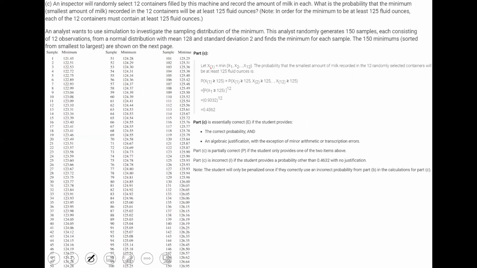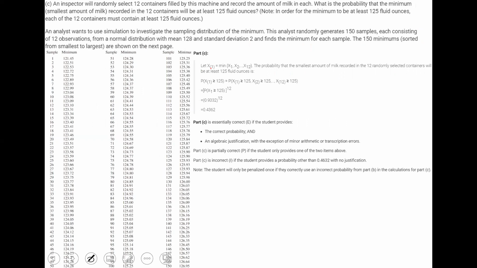Part C, an inspector will randomly select 12 containers filled by this machine and record the amount of milk in each. What is the probability that the minimum recorded in the 12 containers will be at least 125 ounces? An analyst wants to use simulation to investigate the sampling distribution of the minimum.